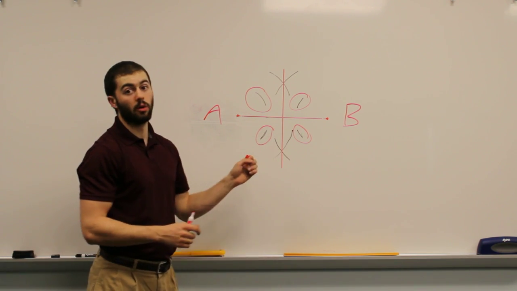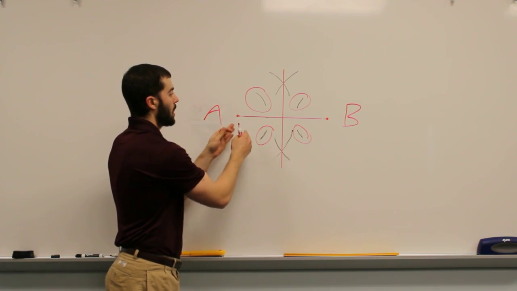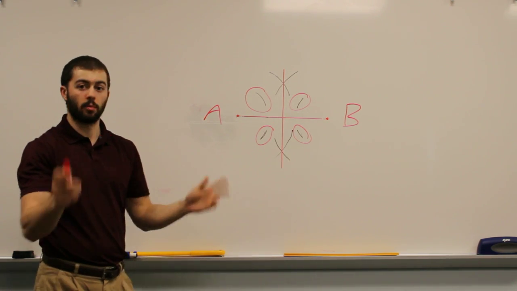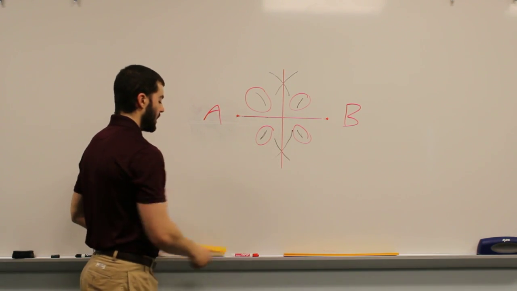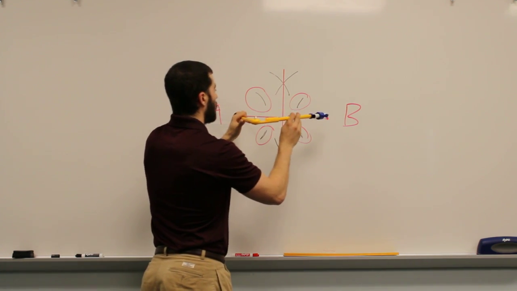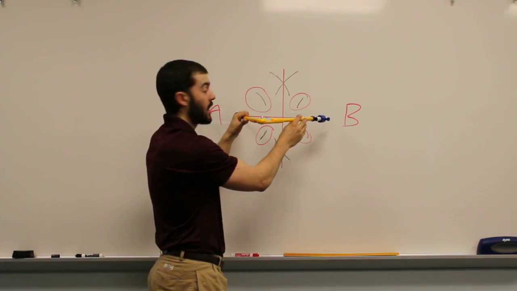So it's crucial when you do this perpendicular bisector that you open your compass up beyond halfway from point A to B, or whatever points your line segment happens to be. If you want to be safe, you can always open your compass up the width of line segment AB, or whatever line segment it is that you're working with.